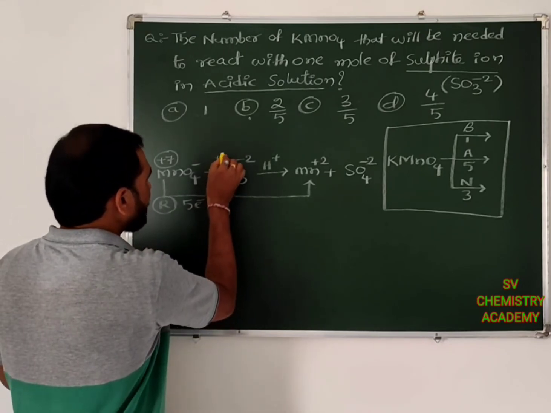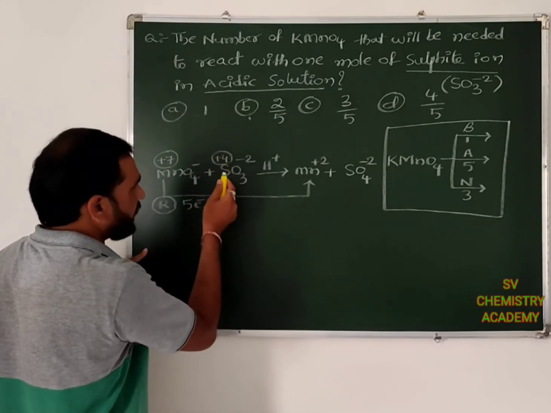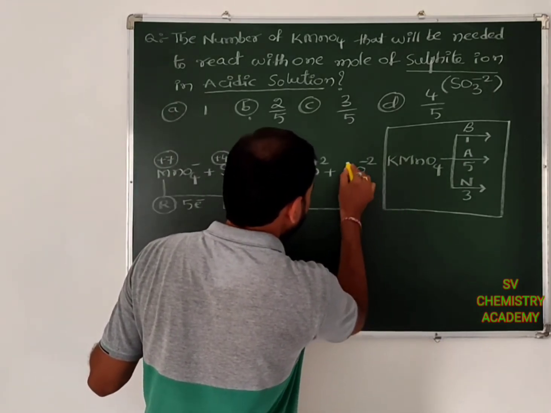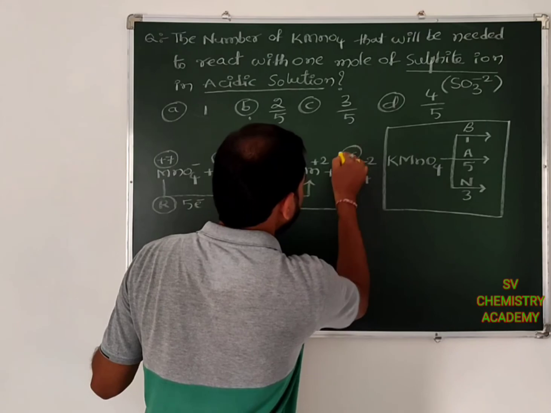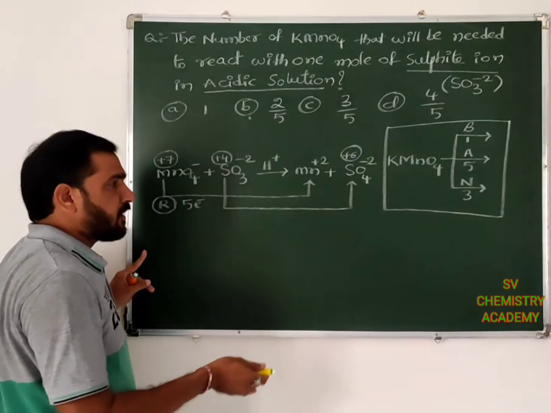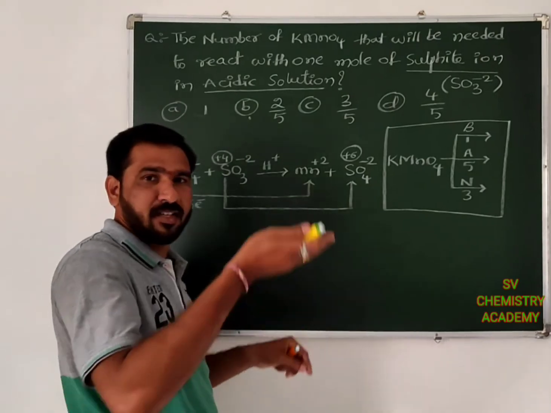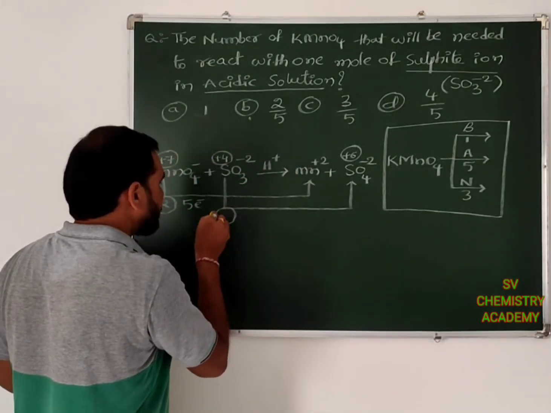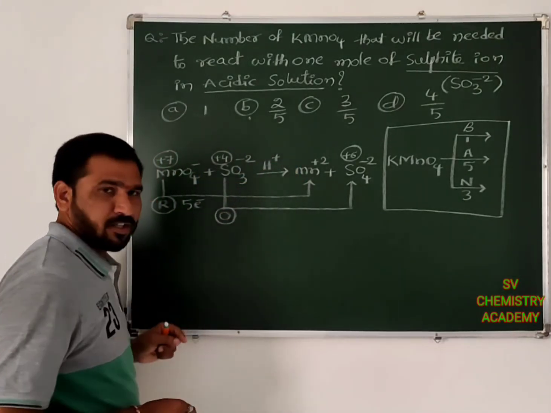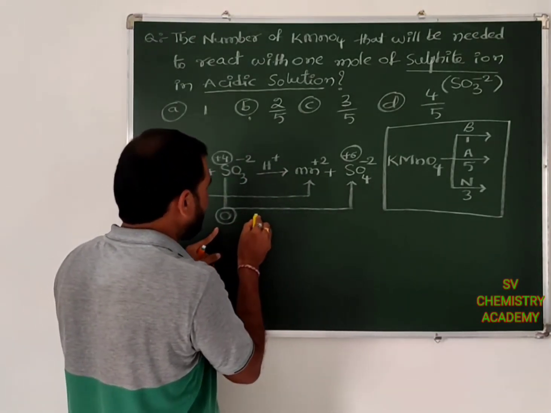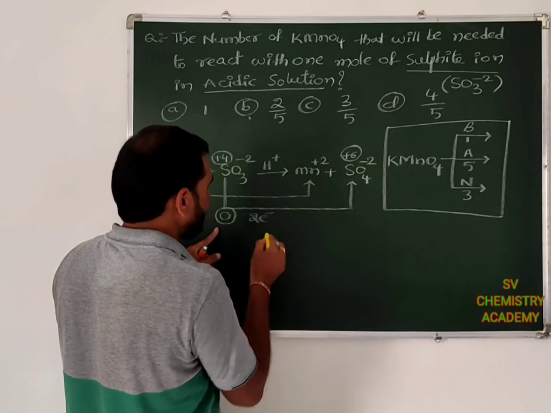Then the plus 4 oxidation state of sulfur in sulfite ion is converted to plus 6 oxidation state in sulfate ion. Lower oxygen 8, higher oxygen 8. This process is called oxidation. Here 2 electrons are participated.